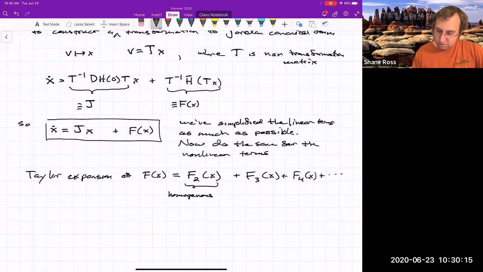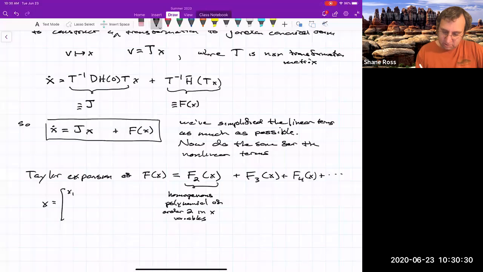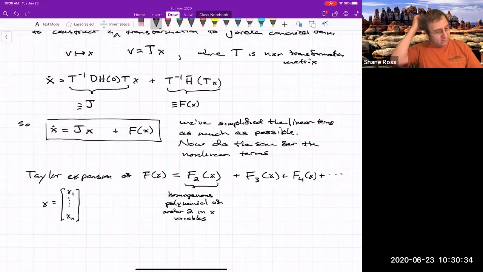F2 is a homogeneous polynomial of order 2 in the x variables. Right, what does it mean? X is, we typically think of it as, going to be made up of an n-tuple, x1 to xn. And then F3, same thing, homogeneous polynomial of order 3 in the x variables, and so on.